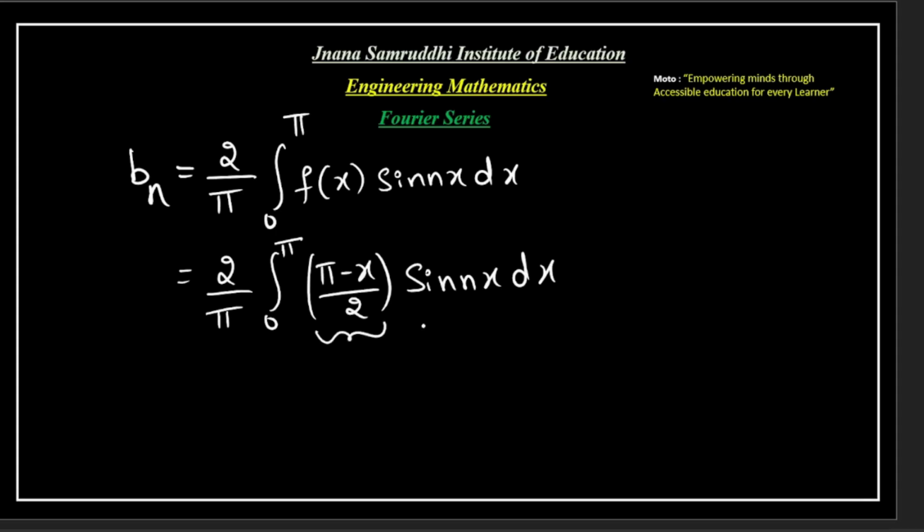If we observe this, we have two terms, that is u and v. Now we need to apply integration by parts. So what is the formula for integration by parts?